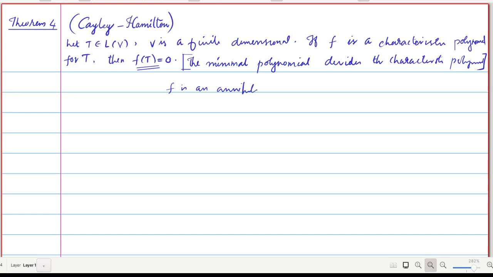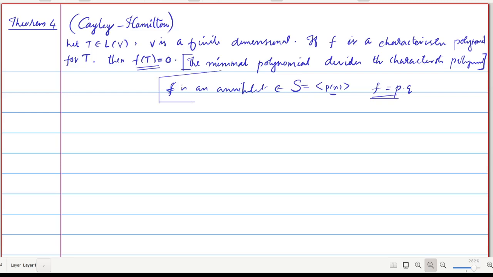If f is an annihilating polynomial, it belongs to the set of all annihilating polynomials, and that set has the monic generator p of x. So every element of the set is a multiple of p of x. p is the minimal polynomial, thus f is also a multiple of p, so f equals p into q. So we can interpret this result as: the minimal polynomial divides the characteristic polynomial. Once you prove this, you can easily verify this result as well.